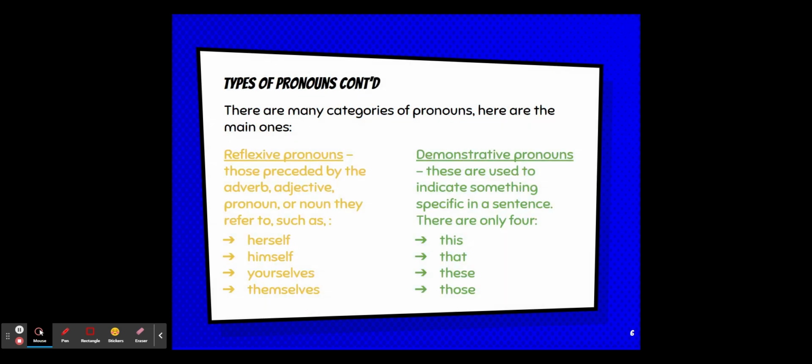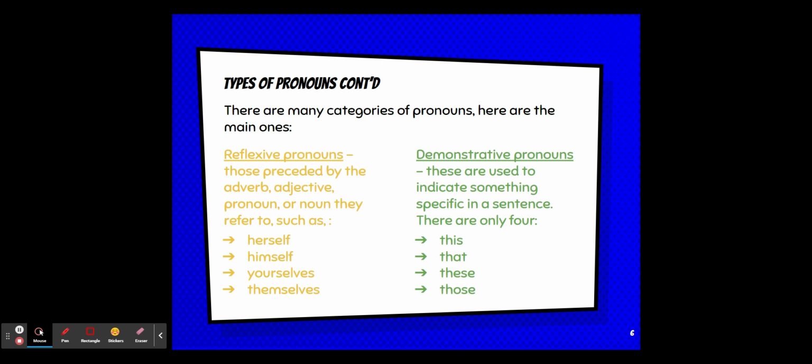Next, we have reflexive pronouns. These are ones preceded by the adverb, adjective, pronoun, or noun they refer to, such as herself, himself, yourselves, or themselves. Next, we have demonstrative pronouns. These are used to indicate something specific in a sentence.